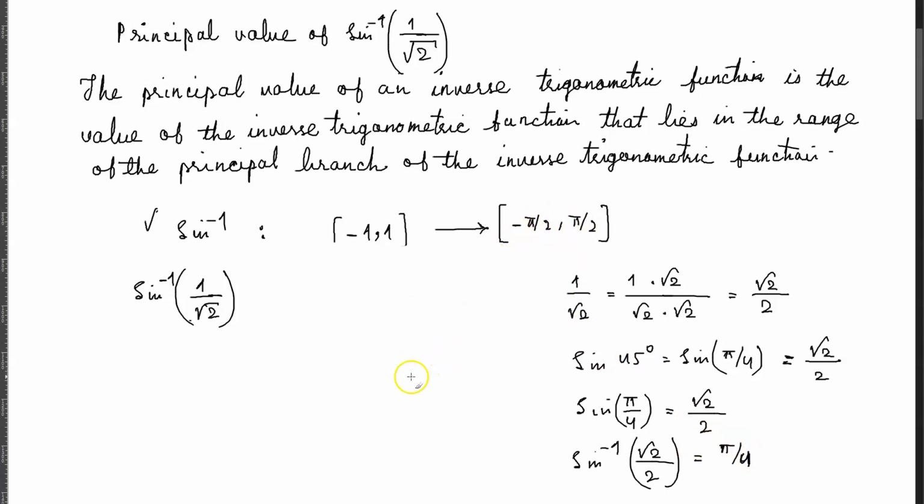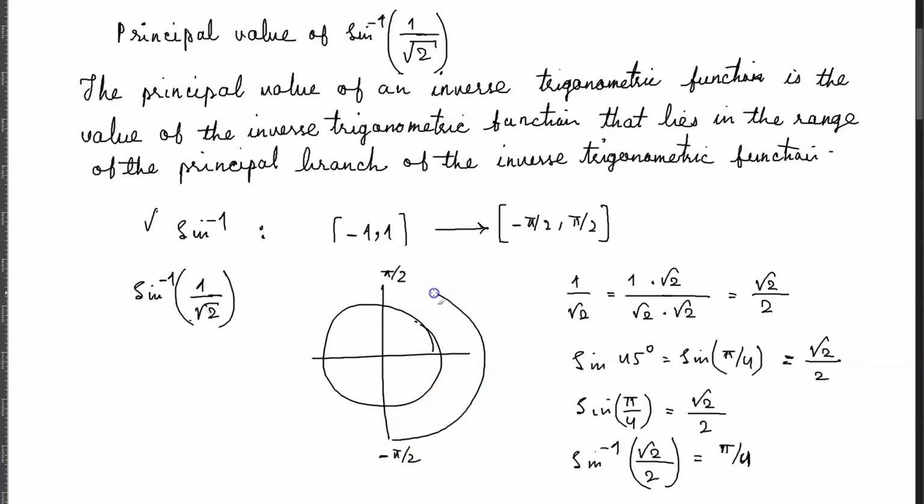Over here you can go from negative 90 degrees all the way up to 90 degrees, so this is negative pi by 2, and this is pi by 2, and this whole thing is your range.